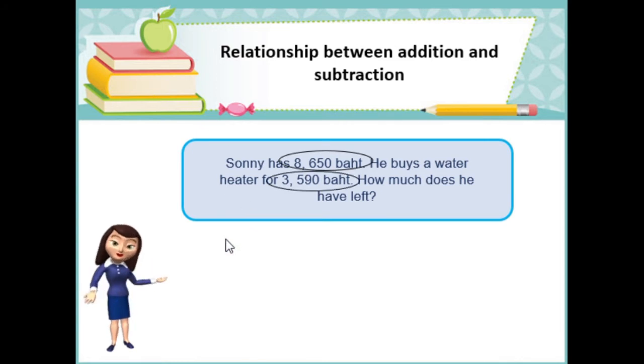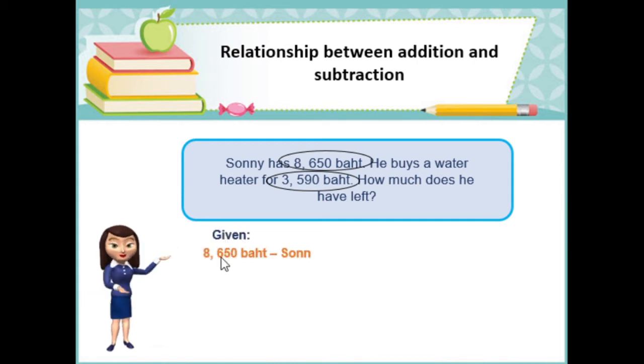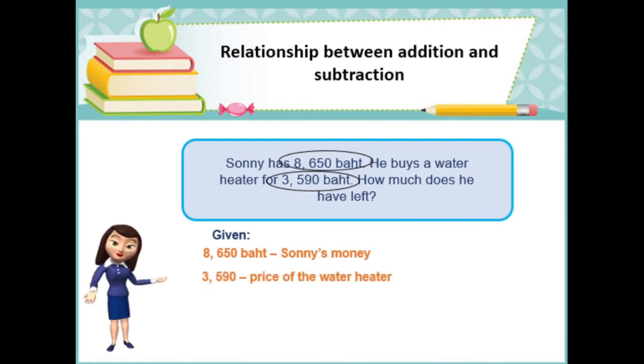When we write our given, we write 8,650 baht, and this is Sunny's money. Next, we also write 3,590 baht, and that is the price of the water heater. And the money left, we don't know, and that's what we have to find out now.